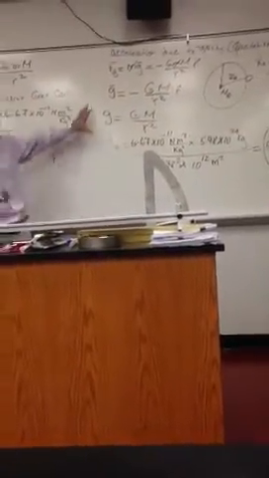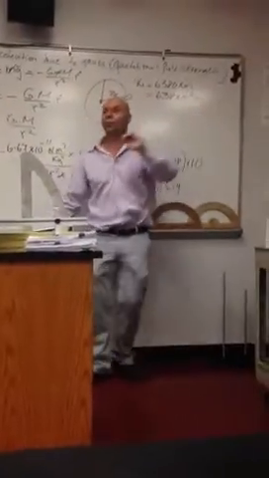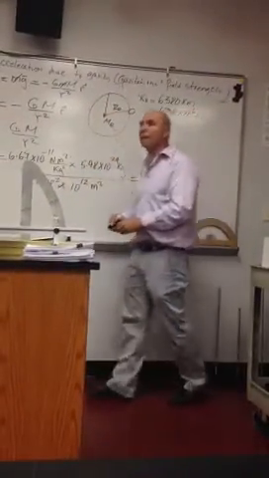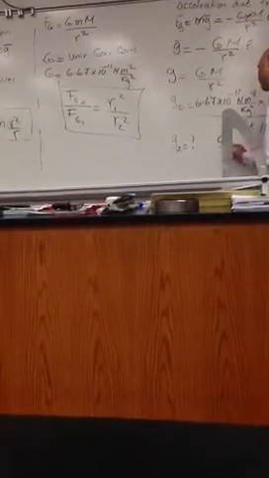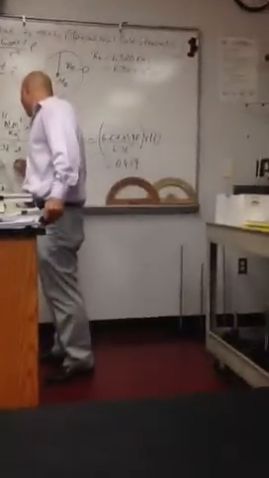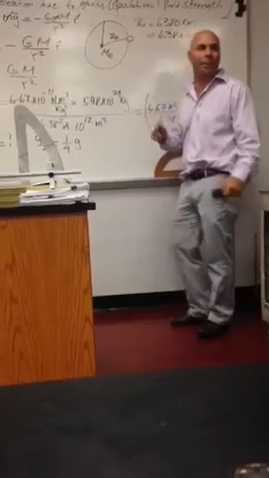Now, at any location, this formula. What will happen if I move to twice the radius of the Earth, 2 radii? How much will be the gravity? If I want to go to a second location where it's twice the radius of the Earth, how much will be the new gravity? 1/4 of the gravity on the Earth, which is 9.8 divided by 4.